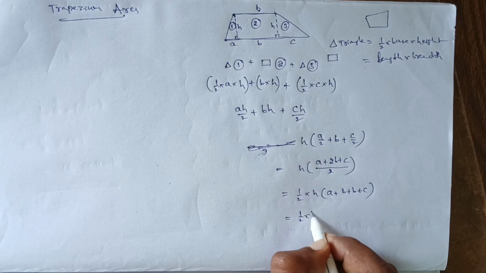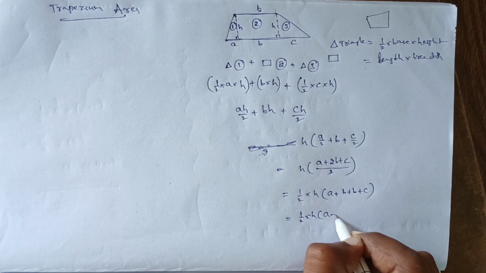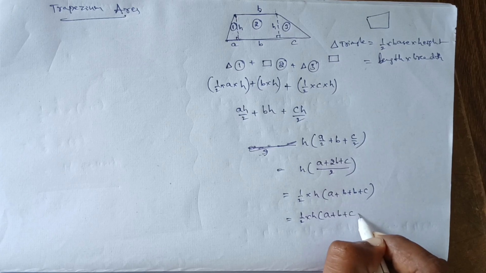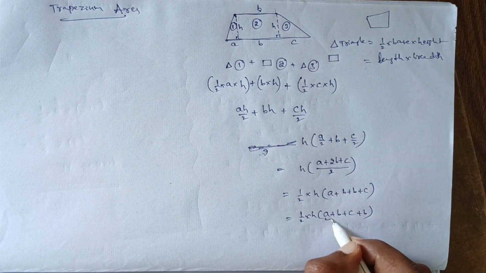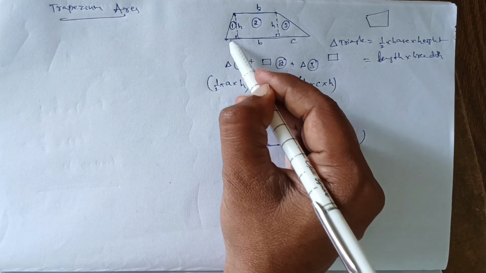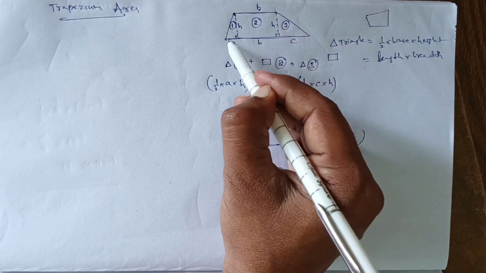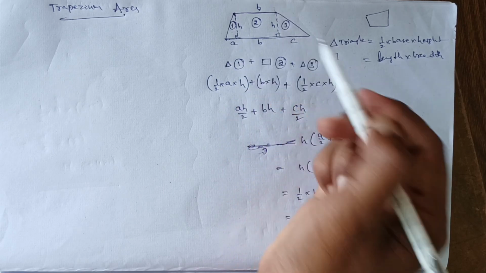I'm changing the order, writing it as a plus b plus c plus b. The reason is, see, what is a plus b plus c here? a plus b plus c is one parallel side of the trapezium.